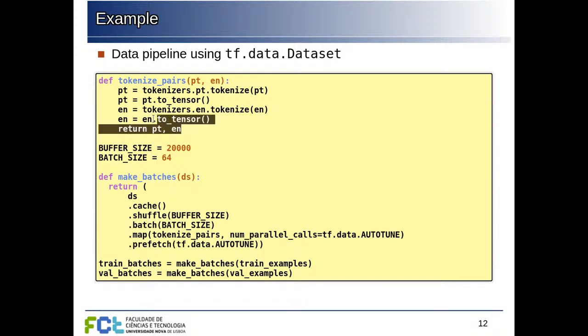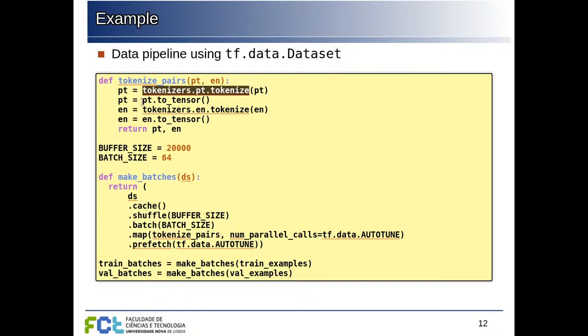So in this case, we're going to create pairs of tokenized tensors for the different sentences. So we take a sentence in Portuguese from our data set. We use the Portuguese tokenizer to convert that sentence into a tensor of numbers, into a vector of numbers.